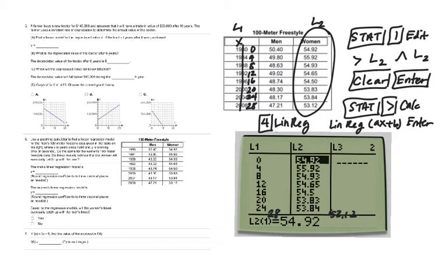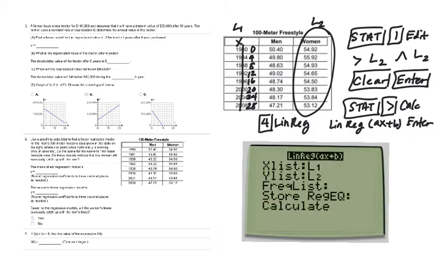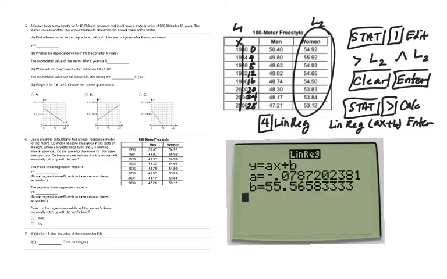And then you should see this next screen. And then you'll arrow down to calculate. And once you're all the way down to calculate, you want to click enter. And then you'll see this screen. And so here you'll see the linear regression model for the women's time.